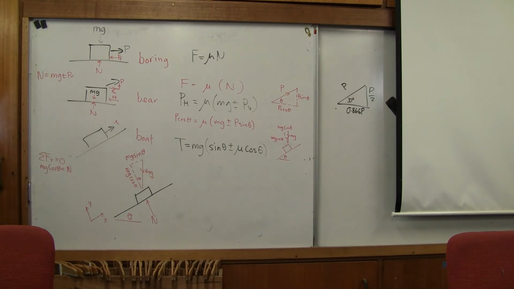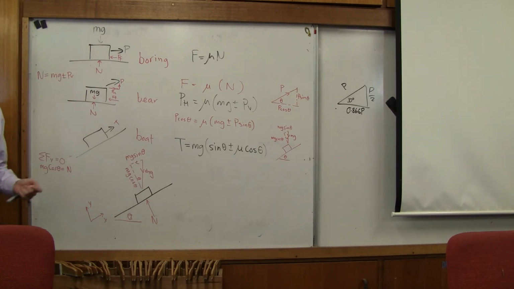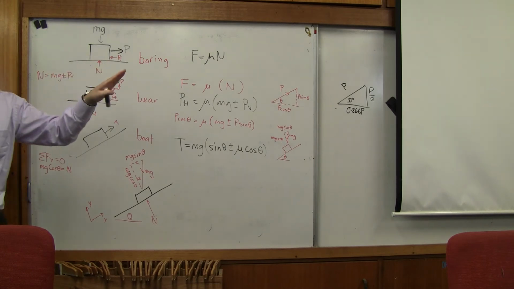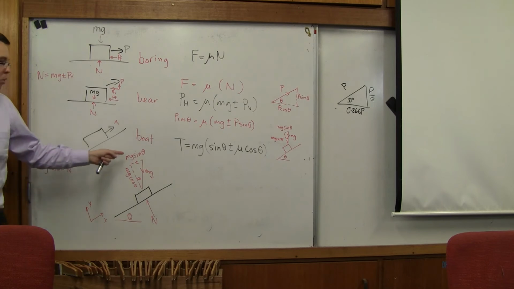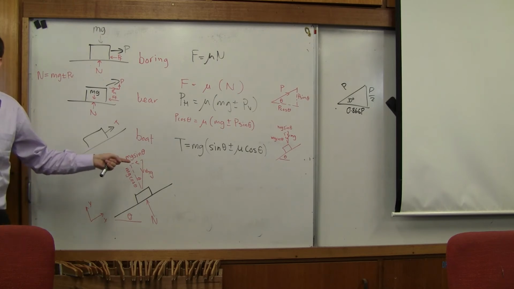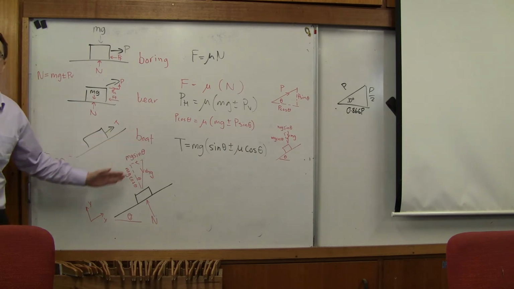Okay, in the x direction, well, we have mg sine theta, and that's what causes, when your car breaks down on a hill, the car to roll down the hill. That force, the force of gravity, is causing the car to roll down. So the car is rolling down the hill.